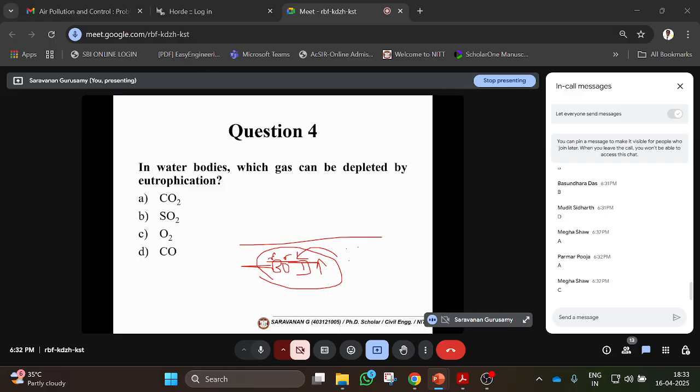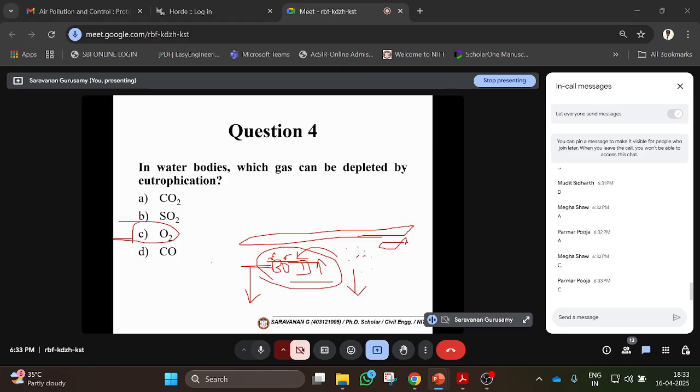So the microorganisms will take all the oxygen in the water while digesting the organic matter. Then the oxygen in the water body gets reduced, so fish cannot have oxygen to survive. There is a depletion in the oxygen. That condition is called eutrophication.